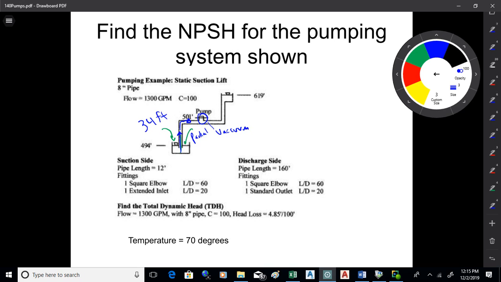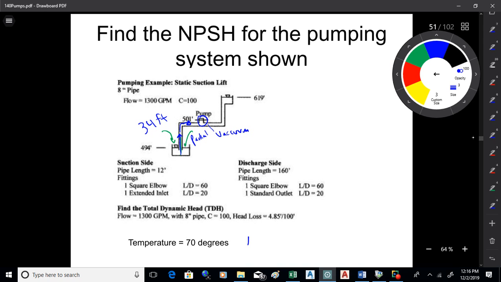So if we have 70-degree water, on page 58, we're going to have a vapor pressure, which is kind of the pressure of the water molecules that are evaporated, of 0.8 feet. So that's going to push back too. That's on page 58 for 70-degree water.